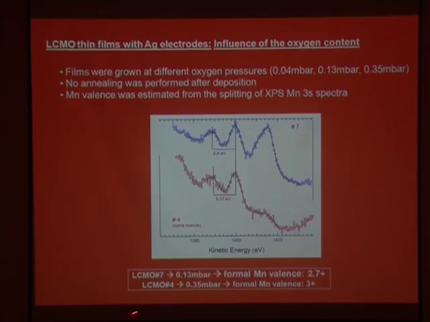For that, we see that for a film grown at 0.35 millibars, the formal manganese valence is 3+, and this indicates that the valence is close to the nominal one, and we may have no oxygen deficiency, but if we lower the pressure, we have a mixed valence state, which indicates that oxygen vacancies are created.